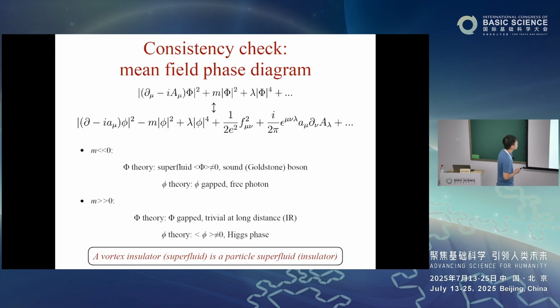You can do a little bit more by checking what's called the phase diagram. Essentially, you make some mass deformation, some relevant deformation on both theories, and check that both theories flow to the same thing. So here the obvious thing to check is turning on a scalar mass. If I turn on a positive mass on the left side, the scalar gets gapped, so the vacuum is trivial.